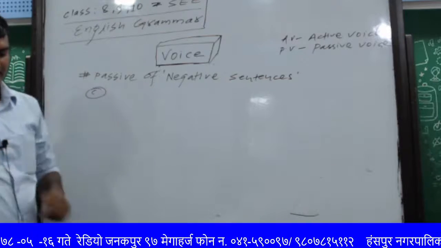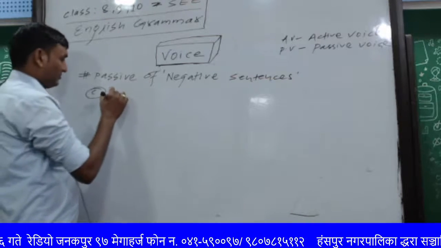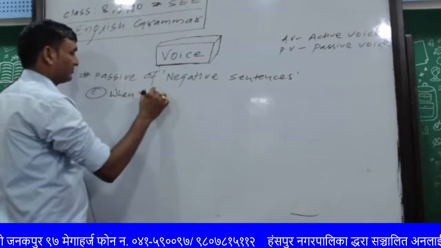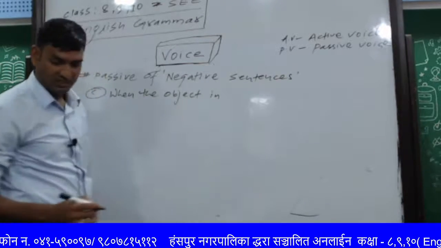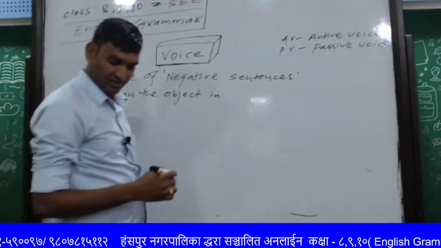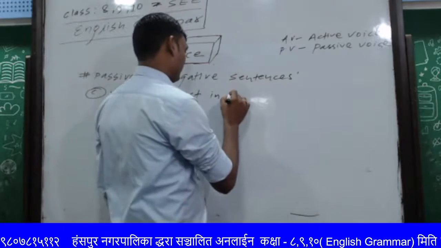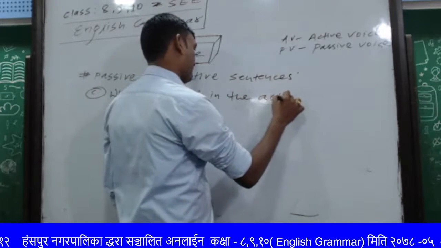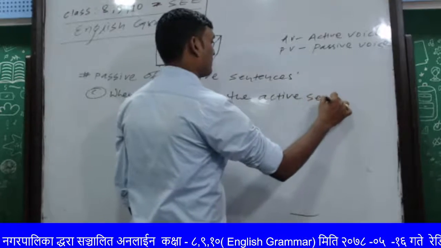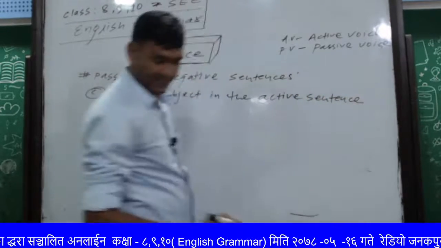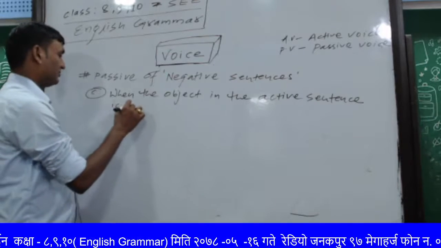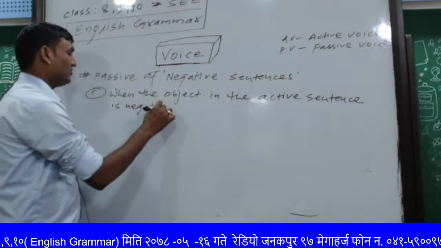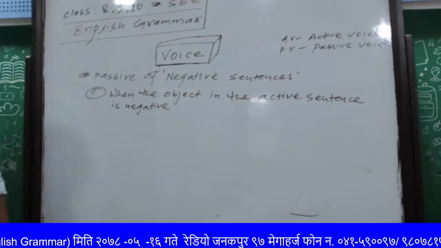In number C, when the object in the active sentence is negative. It means object is negative in active sentence.